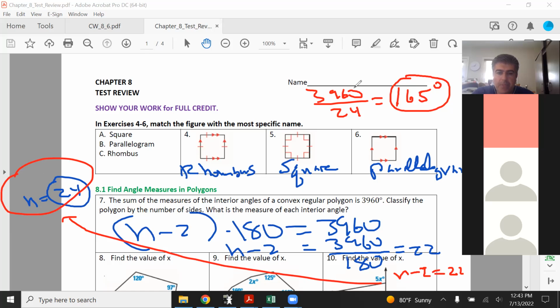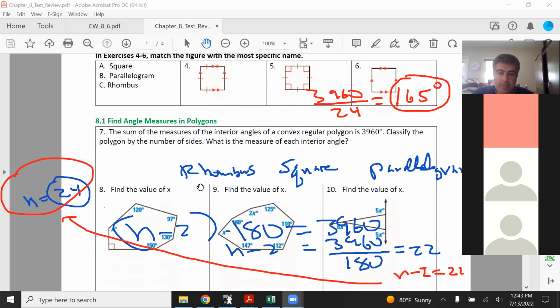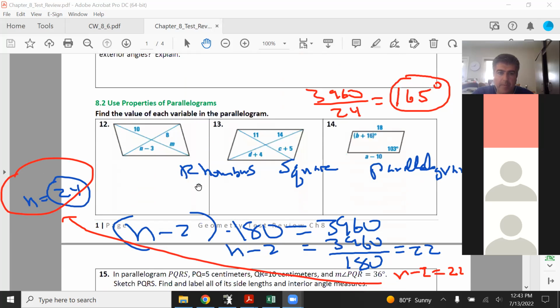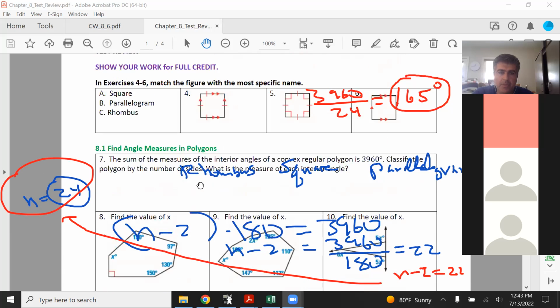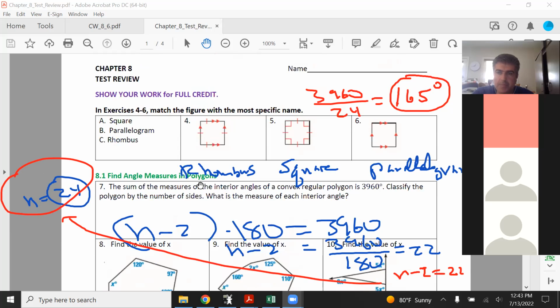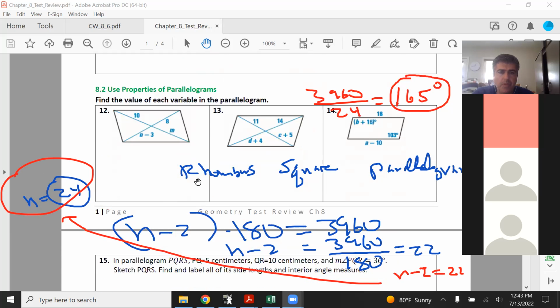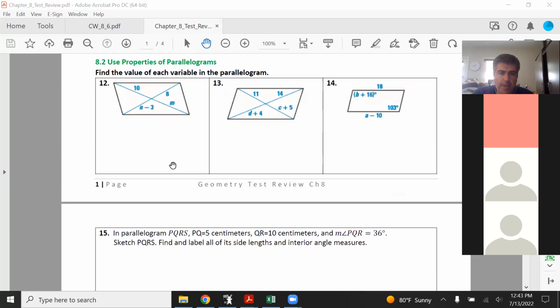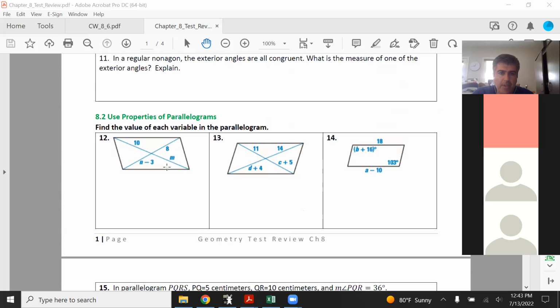Okay. So you'll do 8, 9, 10 on your own, and 11 we'll talk about in class tomorrow. So again, that's number 7. For number 12, I'll just do 12 and have you guys do 13 through 17 on your own. Find the value of each variable in the parallelogram. So remember, the diagonals bisect each other.